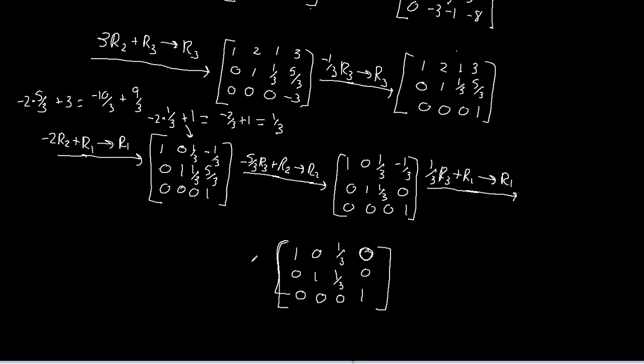For each row with a leading one, are there zeros in every other position of that column? So this is a leading one, that's all zeros. This is a leading one, that's all zeros. These aren't leading ones, so we don't have to worry about this column. This is a leading one, that's all zeros. So this is, in fact, reduced row echelon form, okay? Hopefully that makes sense. If you have any questions, please reach out. Thank you.